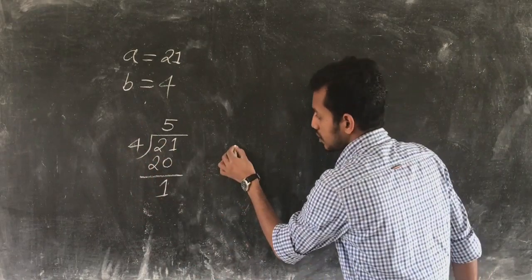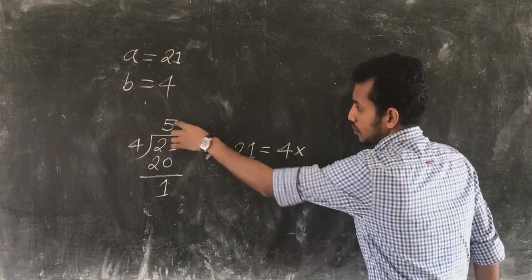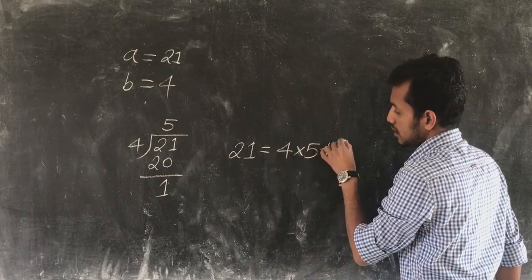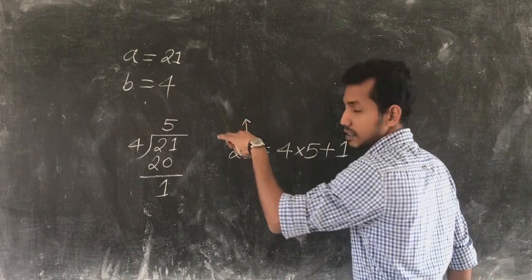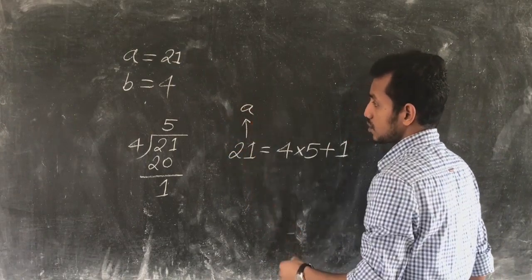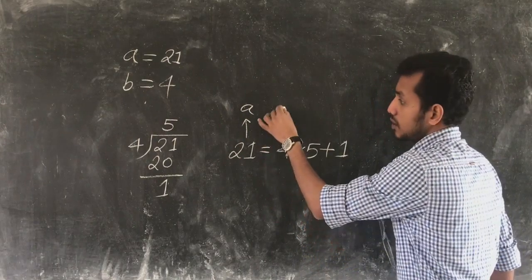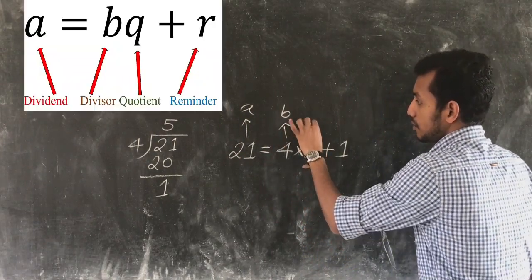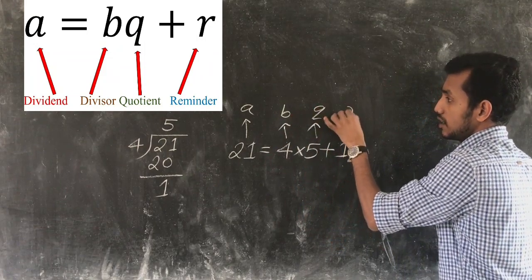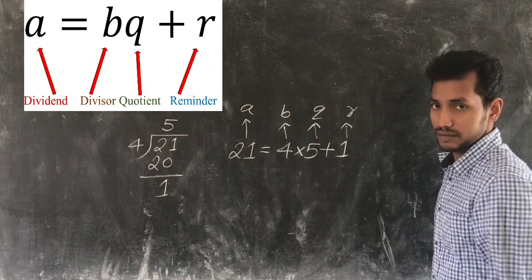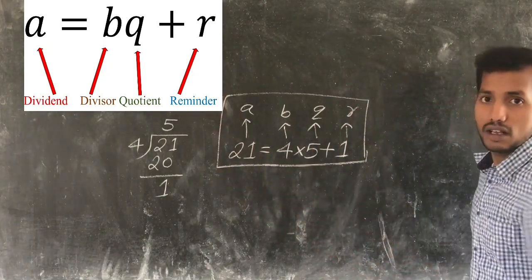So we can write 21 is equal to 4 into 5 plus 1, where 21 is the dividend, 4 is the divisor, 5 is the quotient, and 1 is the remainder. Clear? So this is what we call Euclid division lemma.